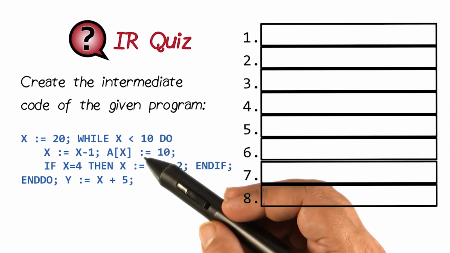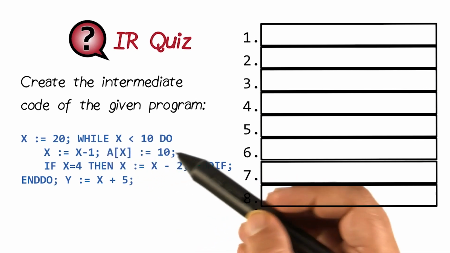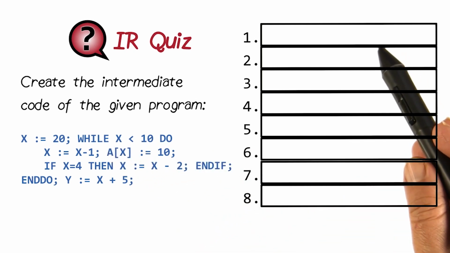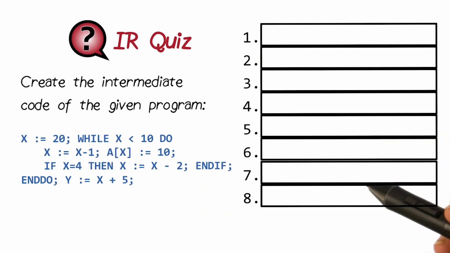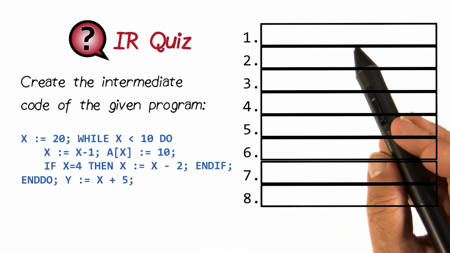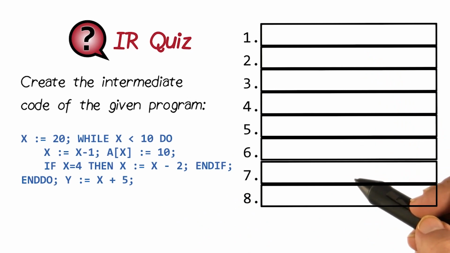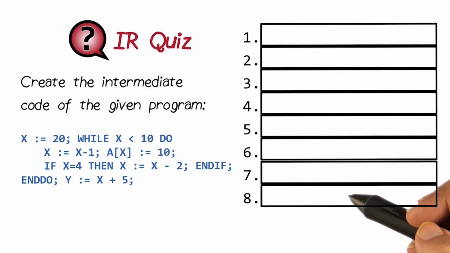Try to analyze this while loop, this statement, and so on, and try to come up with an IR, including the temporaries. Please go ahead and write your generated IR as per the IR code generation algorithm in these boxes. Please go ahead and mark your answers now.